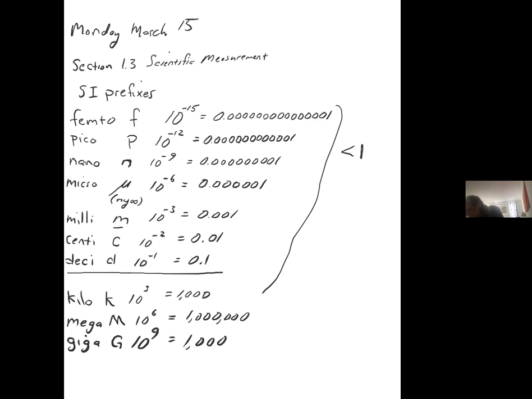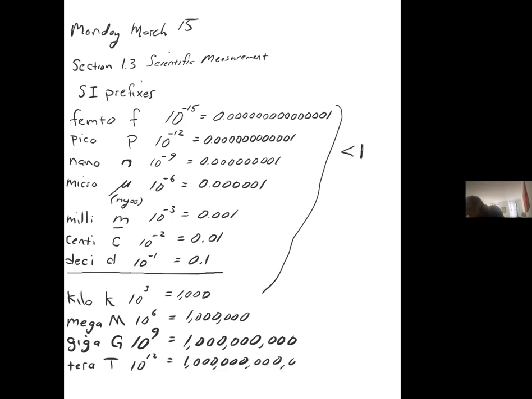Really, a giga is a billion. So there's a million, and there's a billion. Cool, right? And then the last one I'm going to go over is tera. T-E-R-A, capital T, 10 to the 12, and then that's a trillion.